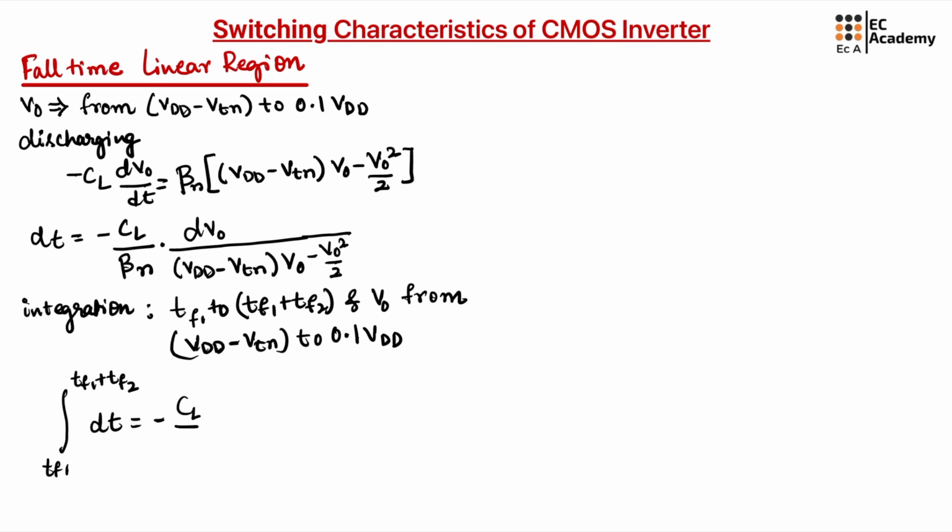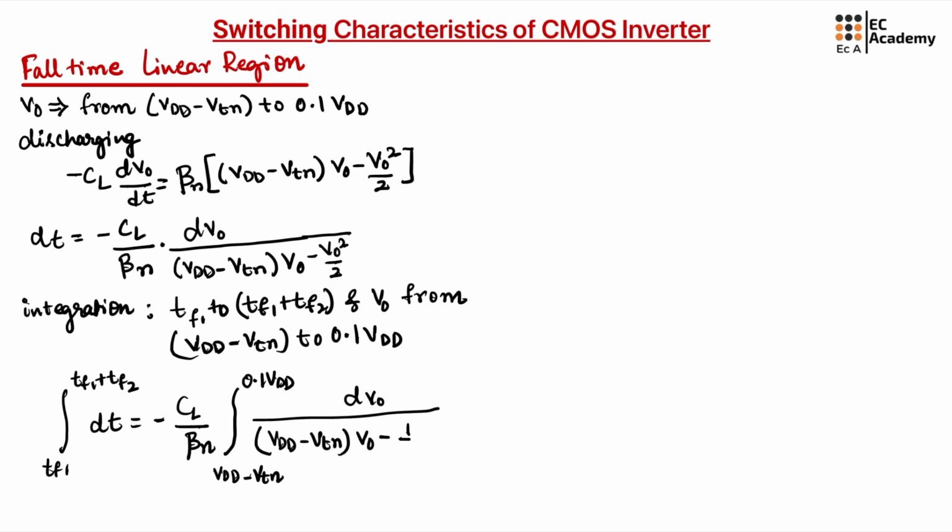minus CL divided by beta n, which is constant, will be taken out of the integration. Then integration from VDD minus VTN to 0.1 VDD of dV0 divided by (VDD minus VTN) multiplied with V0 minus 1 by 2 V0 square.